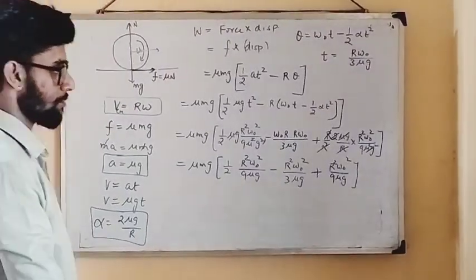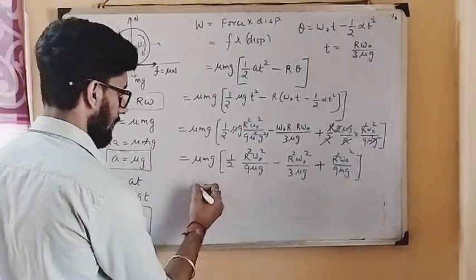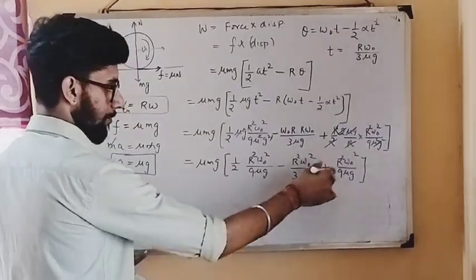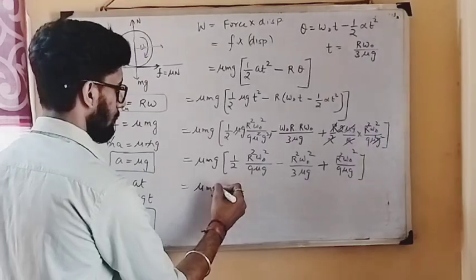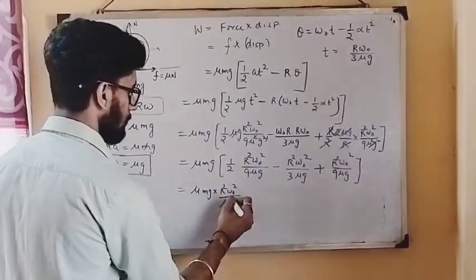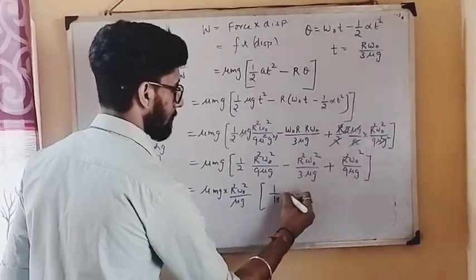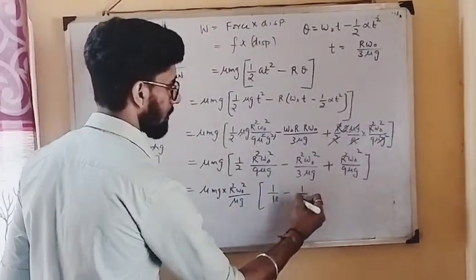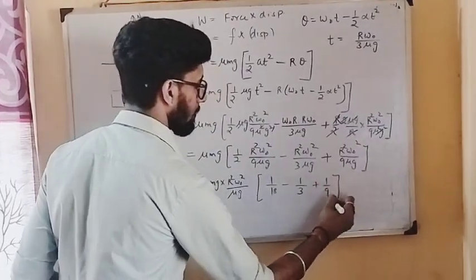So if we watch carefully or try to solve it, we can take some terms outside, and that will be mu mg into r square omega naught square upon mu g. That will be 1 upon 18 minus 1 upon 3 plus 1 upon 9.